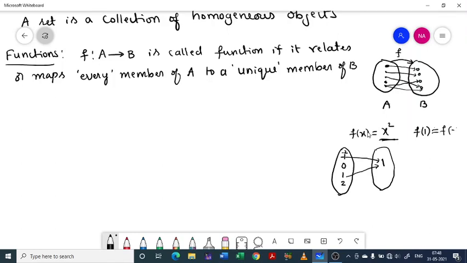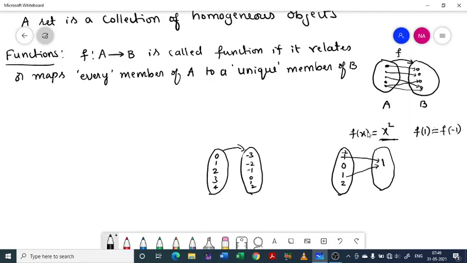Then what is the unacceptable situation? I'll take one more example. I'll write here. You have again two sets, 0, 1, 2, 3, 4 and so on, and again the same set I'll consider, 0, 1, 2, 3, 4 again. I'll take -3, -2, -1, 0, 1, 2 and so on.